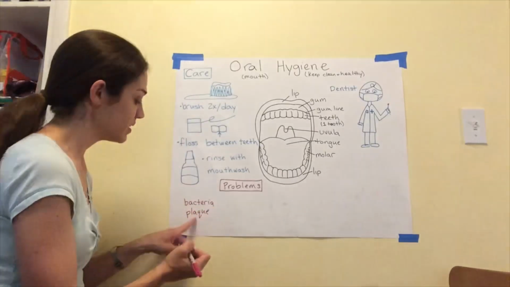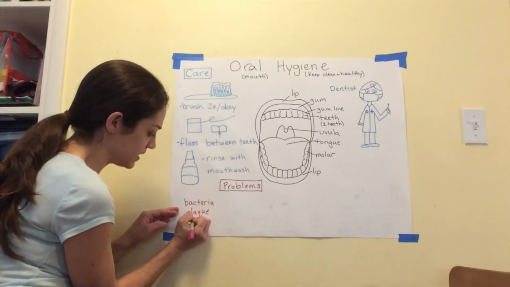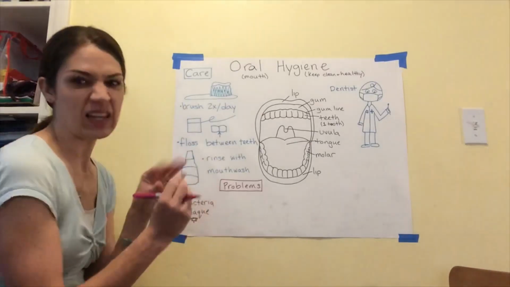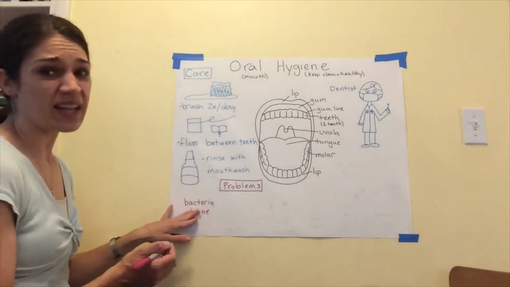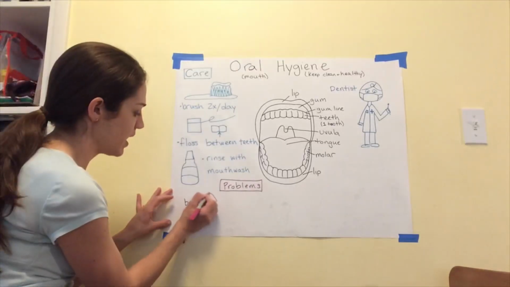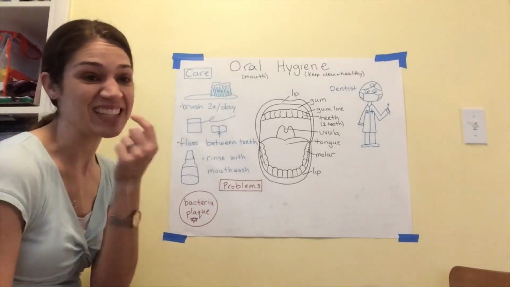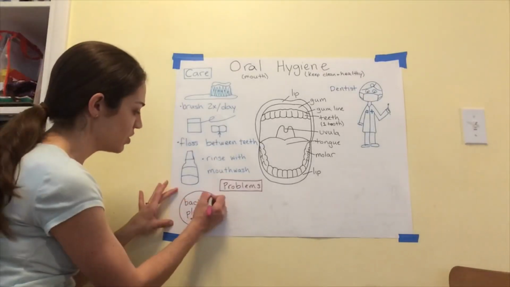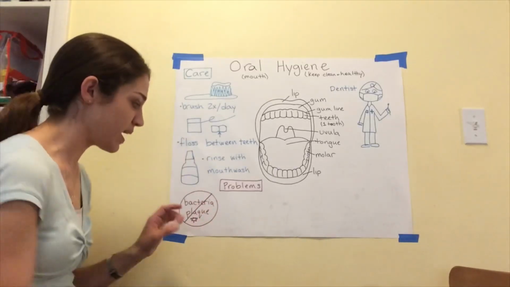Plaque, say that with me, plaque. Plaque is a sticky yellow film that builds up on our teeth, and it's made of lots and lots of bacteria, and that builds up especially along our gum line and on top of our teeth. We do not want those things in our mouth. Those things cause bad things.